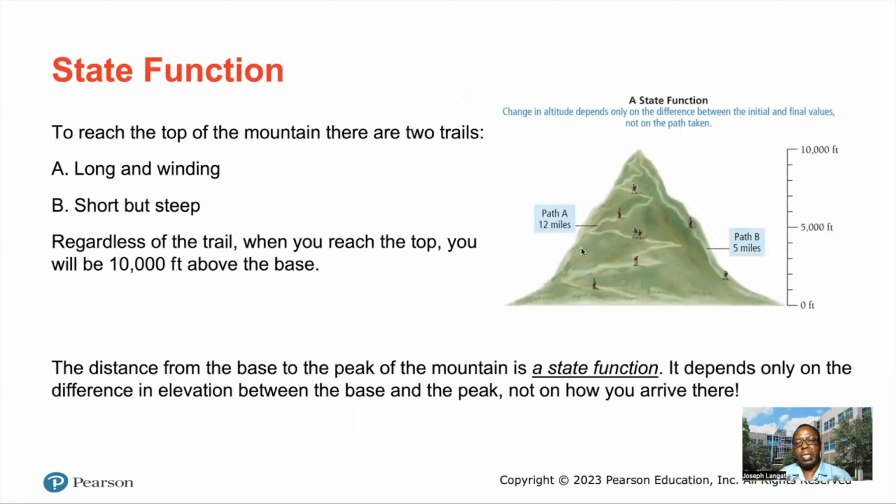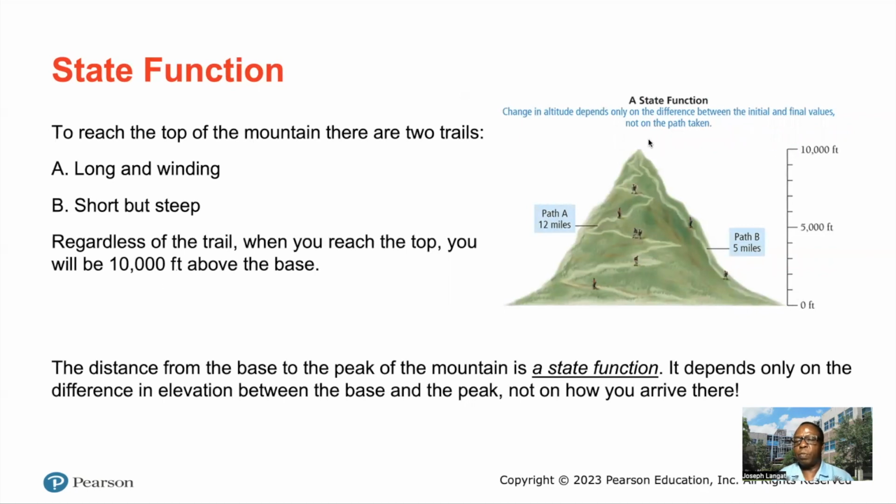Here is an illustration for you to understand what a state function is. Altitude: the top of the hill, or the top of the mountain, you may call it. From sea level to the highest point of the mountain is 10,000 feet above sea level. This is the sea level.